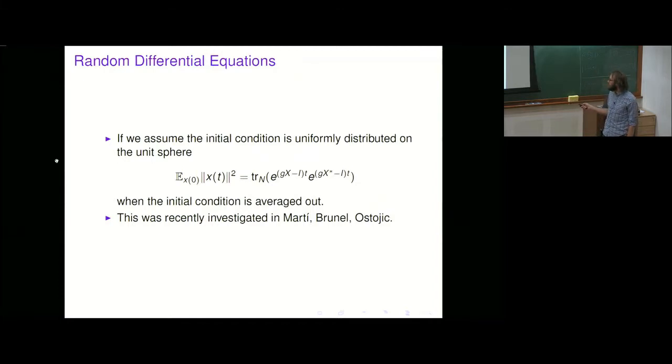So recently in the theoretical neuroscience community, this was investigated by Marti, Brunel, and Ostojic. So they sort of based their results on the results of Chalker and Mehlig, that I'll mention again in a moment, which were sort of non-rigorous and just for the case where X was an IID matrix that I mentioned at the very beginning.